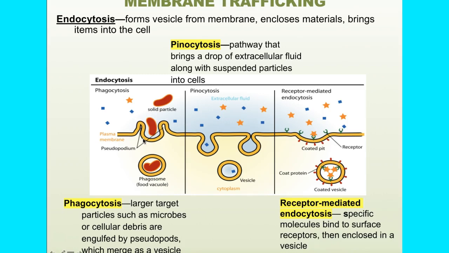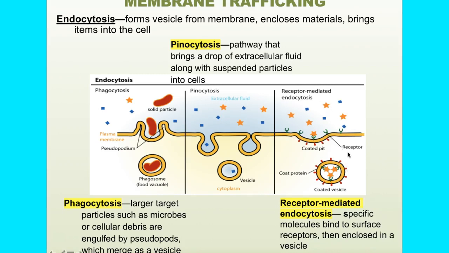Pinocytosis, which means a much smaller amount, is the same exact thing where a particle is coming and it forms a vesicle to be engulfed into the cell, but it allows for a much tinier particle to come into the cell with a drop of extracellular fluid along with it. So this is pinocytosis, this is phagocytosis, and the last form of endocytosis is considered receptor-mediated endocytosis.